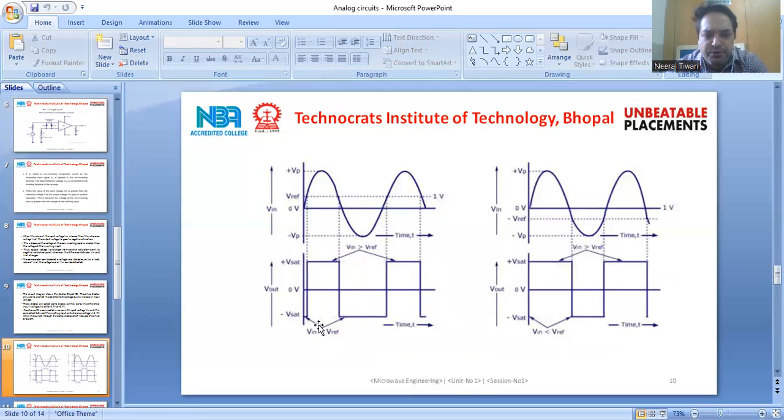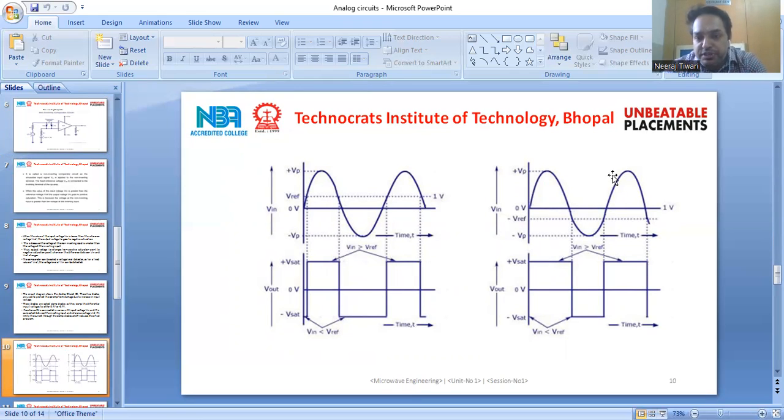And in the downside, you can clearly see the time varying signal is less than the reference voltage. So this is the diagram for when the reference voltage is positive.